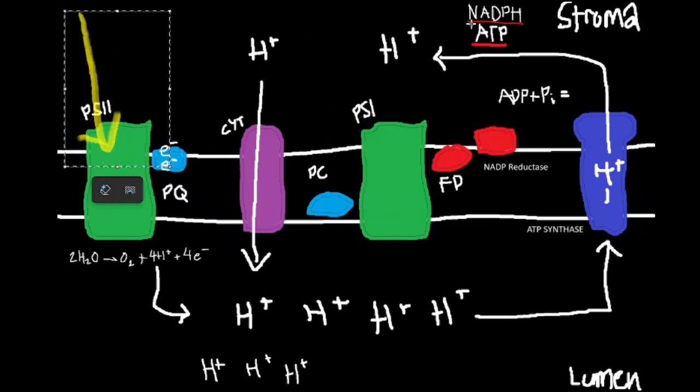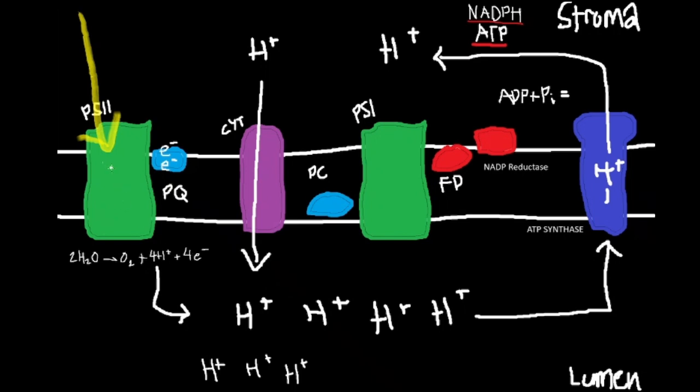And for the ATP, it's going to undergo a process of photolysis, and essentially it's just going to split water because there's no electrons here, so it's going to take the electrons from the water.